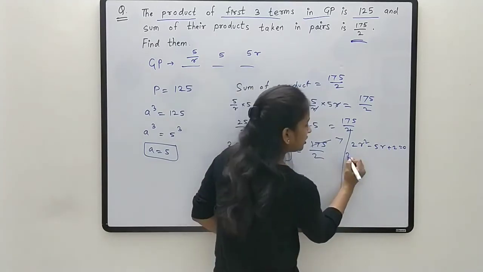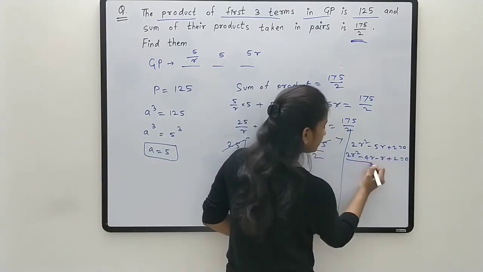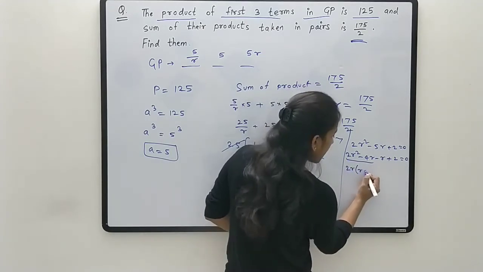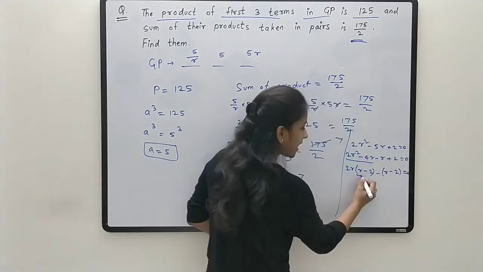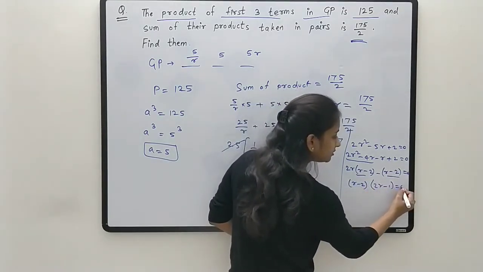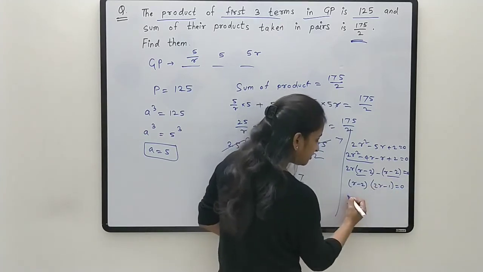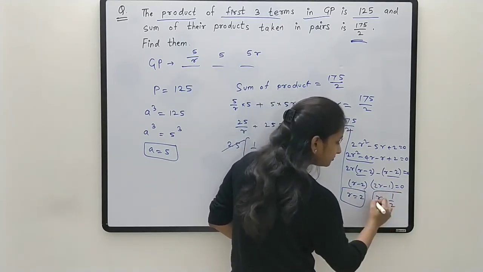Let's factorize this. 2R square minus 4R minus R plus 2 equal to 0. Common from these two, it's 2R, R minus 2. Minus 1 is common, so R minus 2 is equal to 0. R minus 2 common, so we are left with 2R minus 1 equal to 0. Equating each factor to 0, we will get R equal to 2 and R equal to 1 by 2.